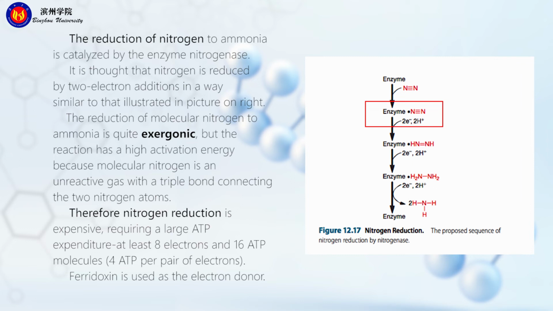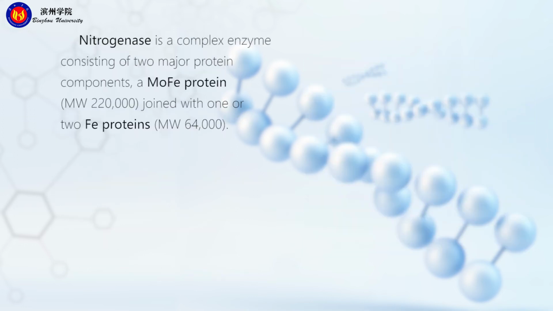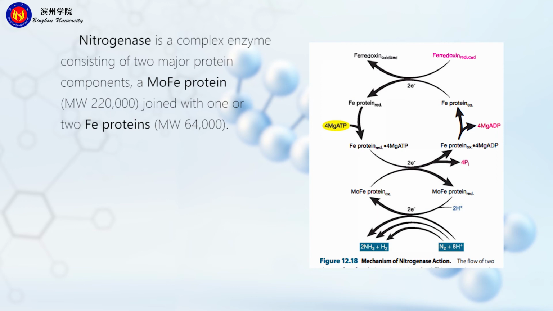Nitrogenase is a complex enzyme consisting of two major protein components. You can see them on the picture.